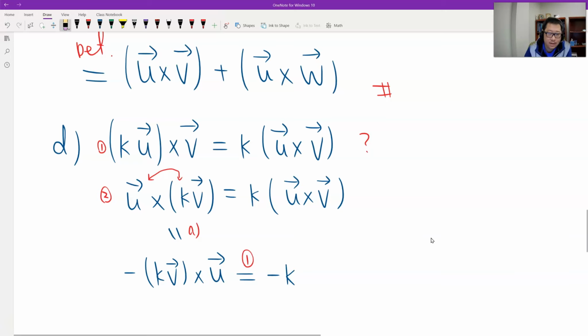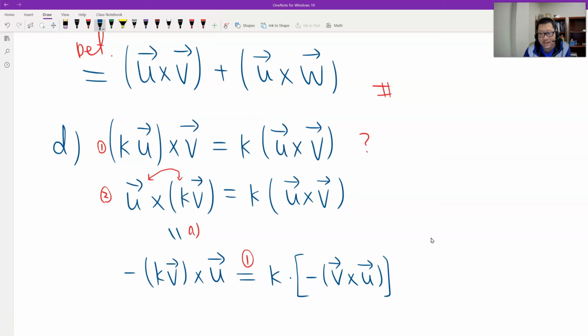Or I say it this way. Take the K out, which is K times the negative; we can put it anywhere. I put the negative here: negative V cross U. Of course, they are the same.